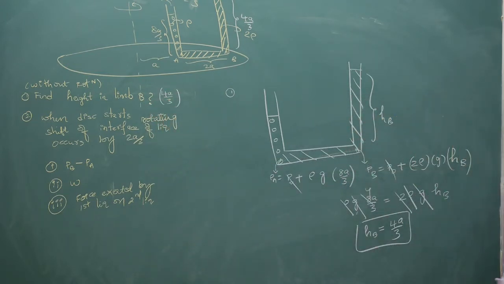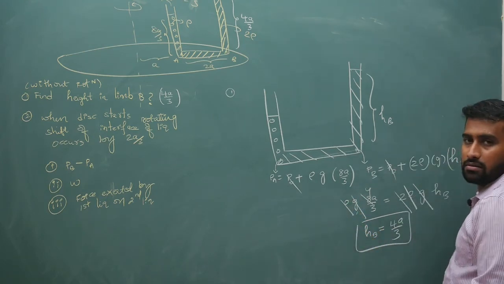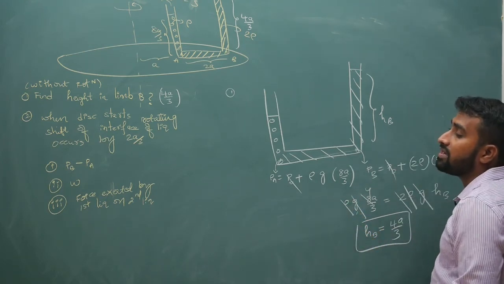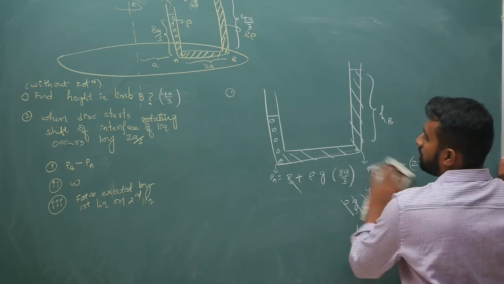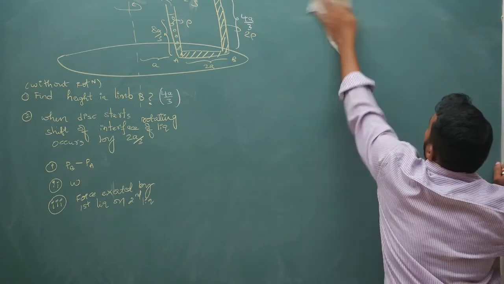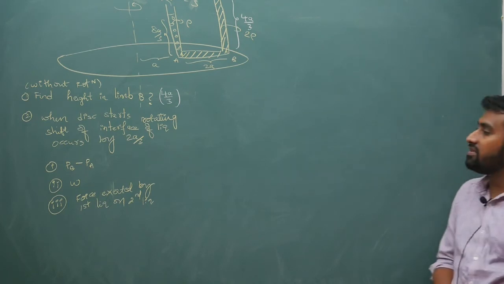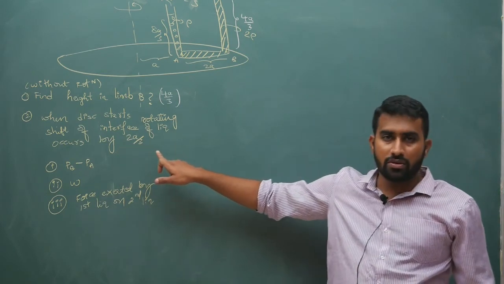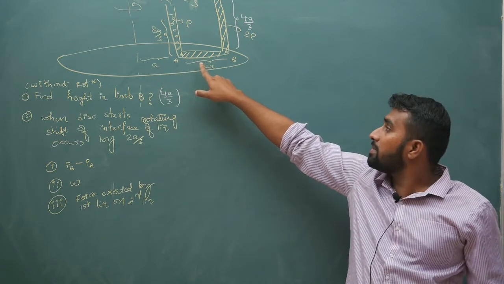Now next, when disk starts rotating, shift in interface of liquid occurs by 2a by 3 is given, right? So that I will calculate now. Now what is happening is, shift is occurring by 2a by 3. That means from here to here 2a by 3 shift.